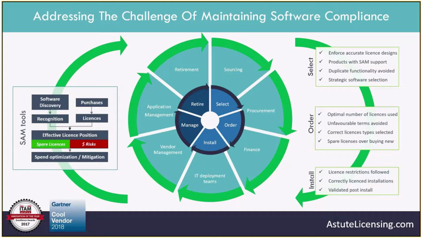And then as we install software, we're letting the people who are installing the software know what the restrictions are, how it should be set up and installed, and we validate that post-install. So this whole process then puts us in a position to understand what's coming in our organization, what the impact is, and the chance to make sure that we create no compliance problems or overspend.